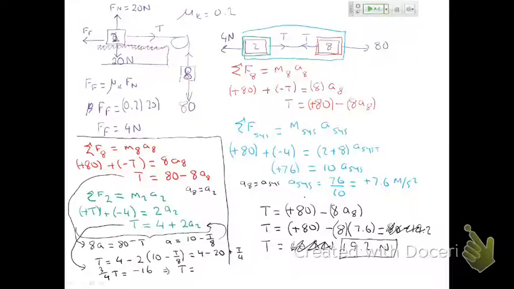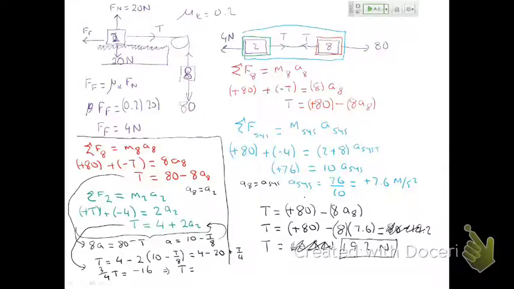This first expression, plus 8 plus minus T is equal to 8 times that. So T, took that to the other side, is equal to 8T minus 8 times A. It can still be negative T. I took the 8A to the other side, it became negative, so that's positive.